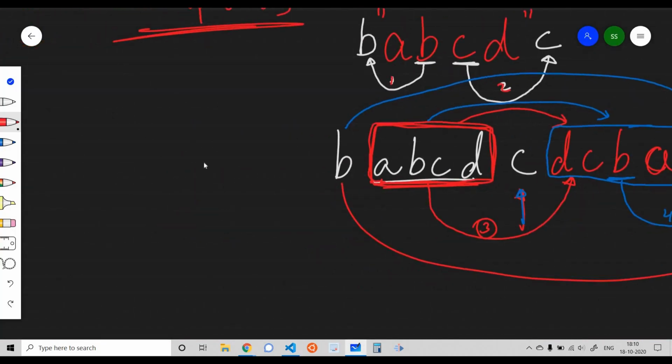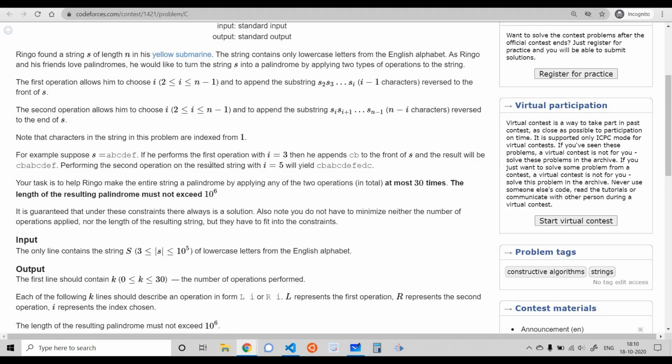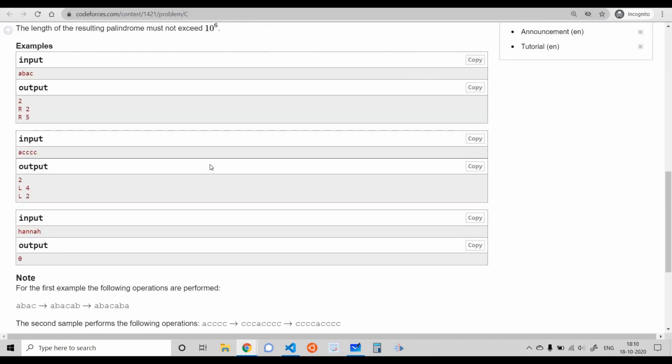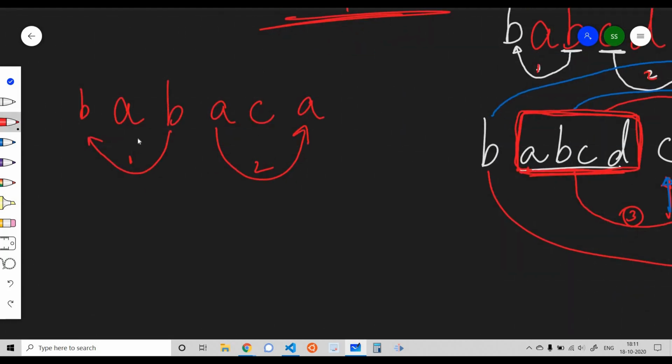We can take another example. Let's pick an example which is given in the problem statement. Let's say we are picking this ABAC. In my first step, I will pick this B and append it at the beginning. In my second step, I will pick this A and append it at the last. So these 2 steps have been performed.